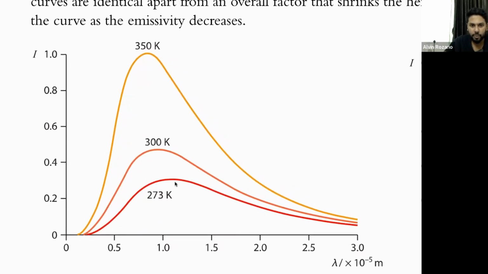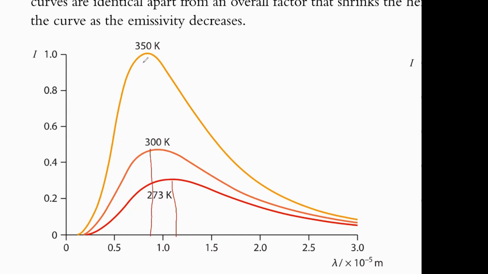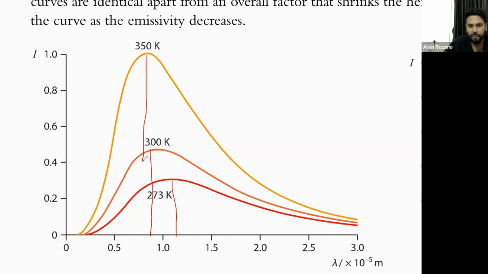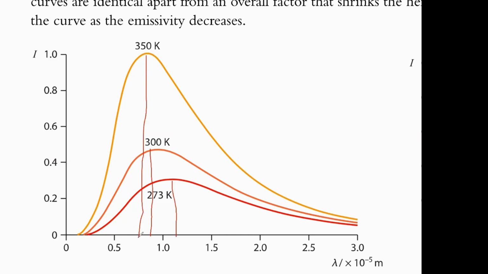You see that for a lower temperature, your lambda value is here. For higher temperature, lambda value goes like this. And for much higher temperature, your lambda value is decreasing. So technically, your lambda value is decreasing as your temperature is increasing. That means your frequency is increasing.